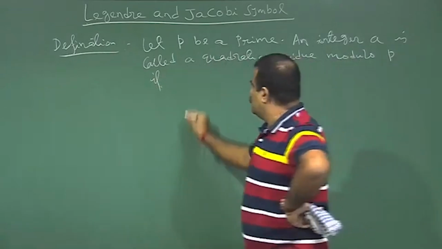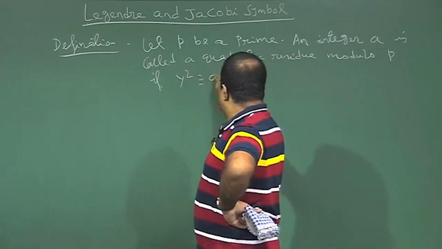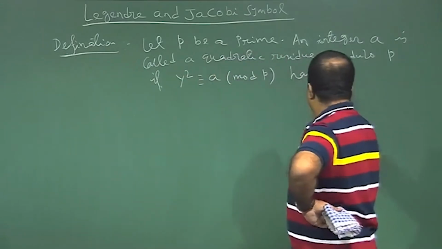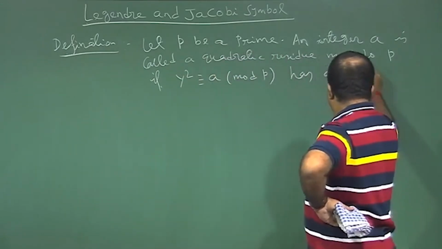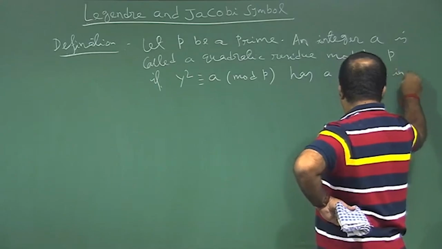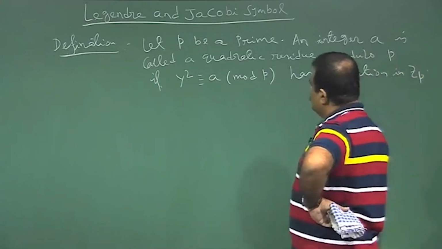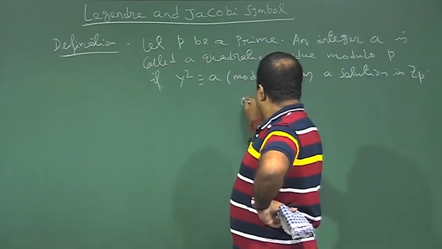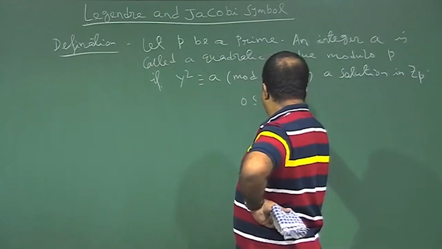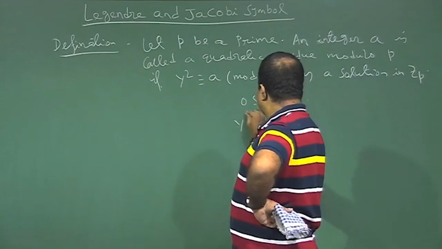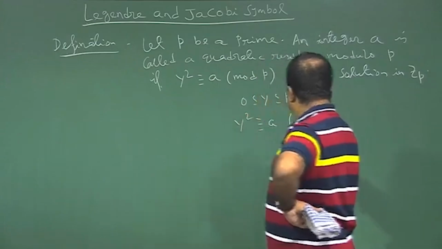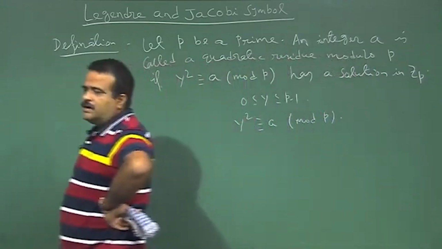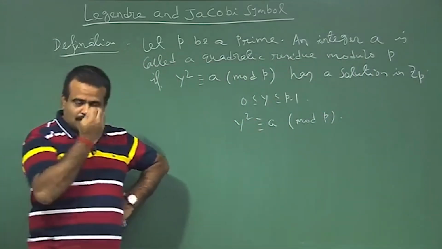That means, if y square is congruent to a mod p has a solution in Zp. That means, if there exists a y, 0 less than y less than or equal to p minus 1, such that y square will give us a. So, we should be able to find the square root of a, then it is called a quadratic residue.